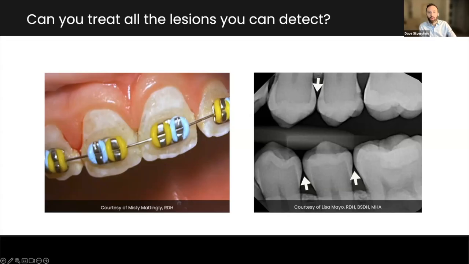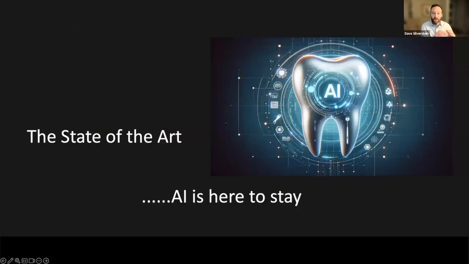Okay. So we're going to come back to that in a second, but we are going to talk a little bit about AI today because that's the other thing happening with the state of our art. Of course, I'm sure that for all of you attending this evening, I'm not the first person to bring this up. Our ability to detect caries has really just made an enormous leap forward.